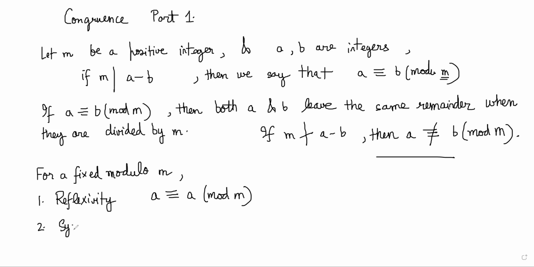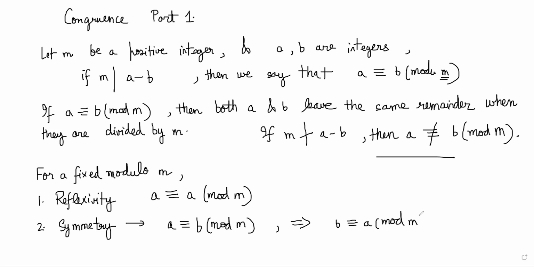Similarly, symmetry is also true. Symmetry means that if A is congruent to B mod M, then it implies that B is congruent to A mod M. This is true because M divides A minus B, so obviously M will also divide B minus A with a negative quotient, right?